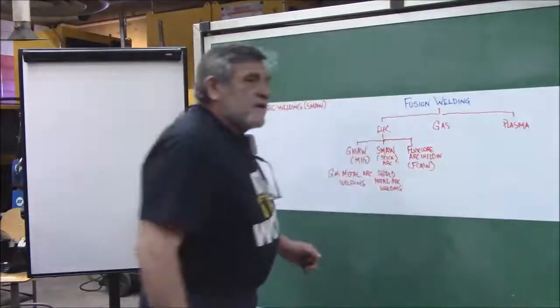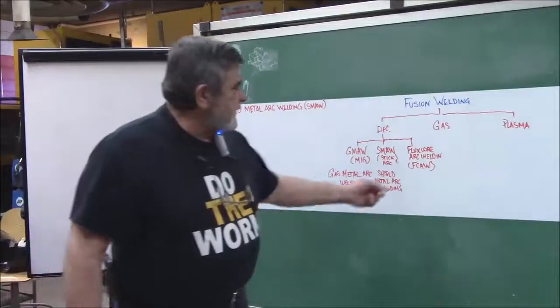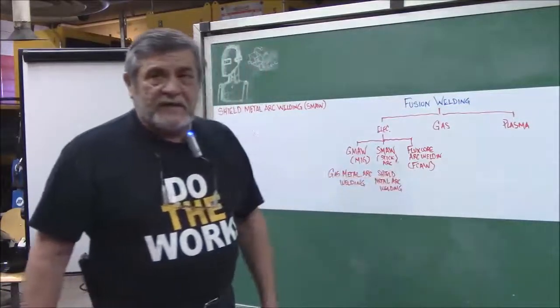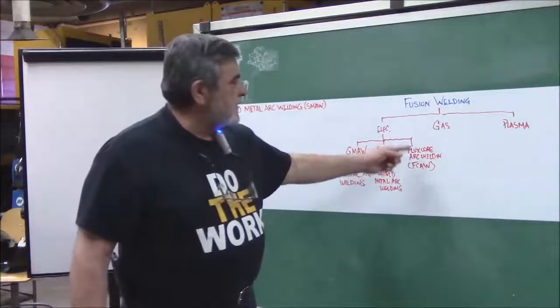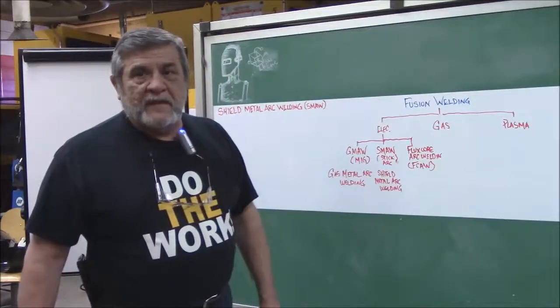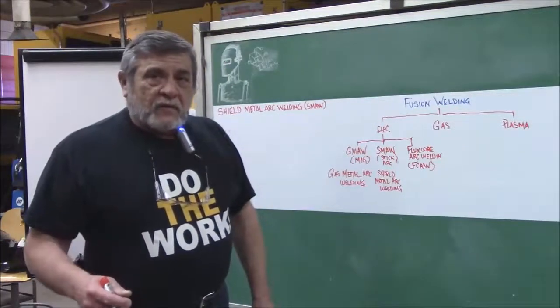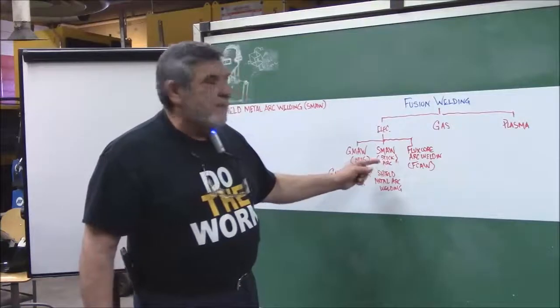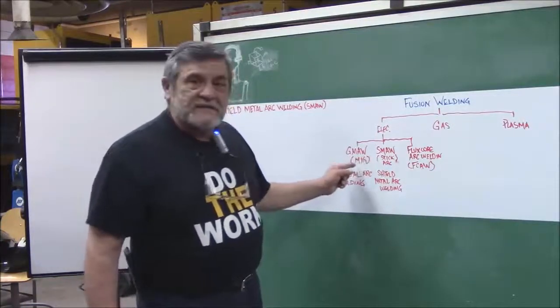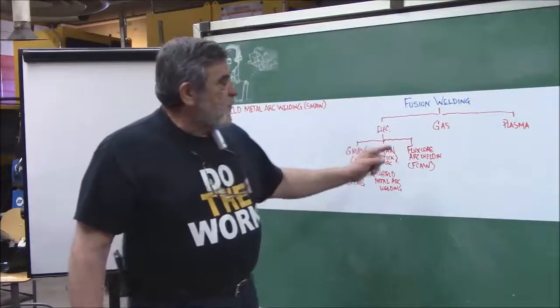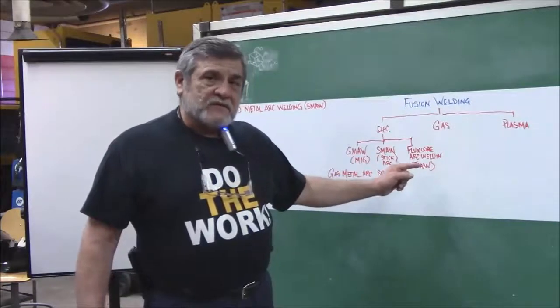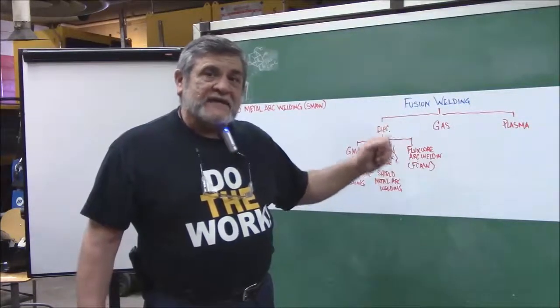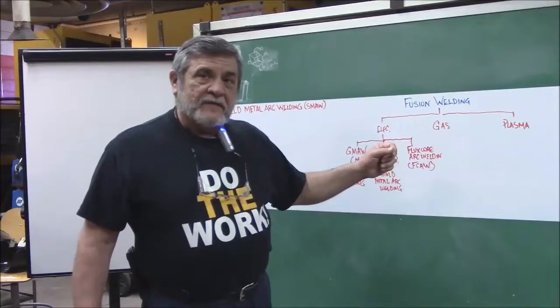The third one that we use for certification is FCAW. FCAW is flux core arc welding. Flux core is a MIG process, but it has the flux, and we'll talk about the flux, inside the wire, right?